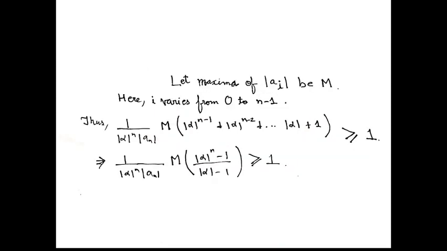Now moving on, we assume the maximum of the a_i's to be m, where i varies from 0 to n minus 1. Now we have 1 by the modulus of alpha^n a_n, times m, into the modulus of alpha^(n-1) plus the modulus of alpha^(n-2) dot dot dot alpha plus 1. How are we getting this?